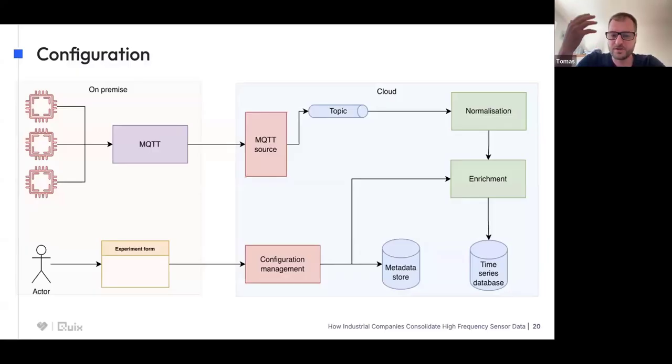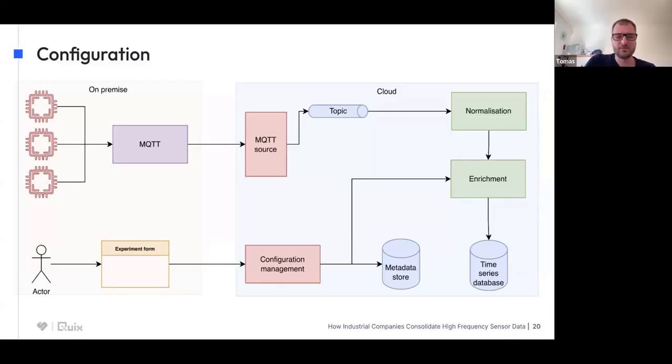Quite often, you also save it to a different database because there isn't a database in the world that would handle configuration data and time series data at the same time and give you a good experience. That's why most of the time it's best to have two databases, one for each, and then you join the data when you need it. And you just join the part of the metadata that you actually need to join.